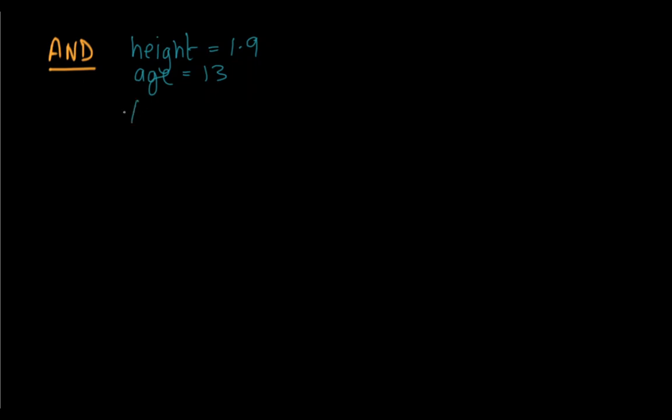So here's my selection statement now. I'm going to use these two facts to make a decision. If height is greater than or equal to 1.4, fair enough, and there's my Boolean operation, and age is greater than or equal to 16.